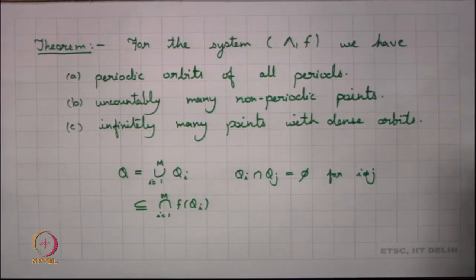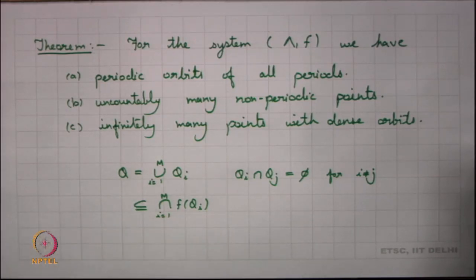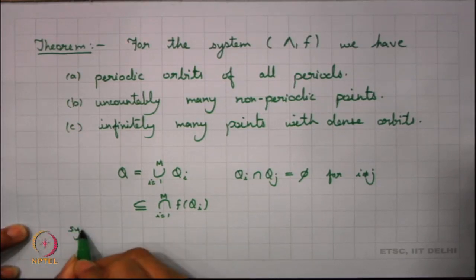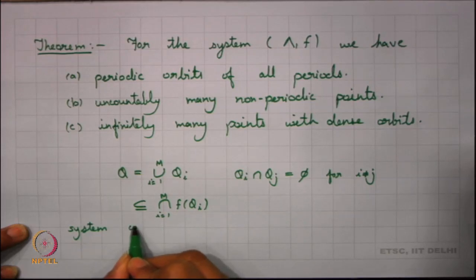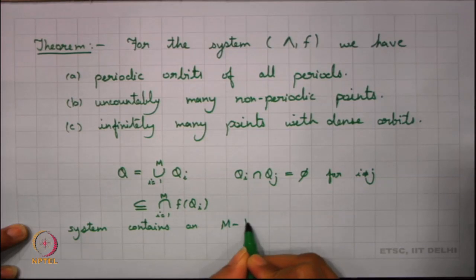What we observe is that whenever you have a system which contains a compact set Q such that Q can be written as a disjoint union of finitely many compact sets which satisfy the property that Q is contained in the intersection of the images of each of these Qi, then we say that the system contains an M horseshoe.